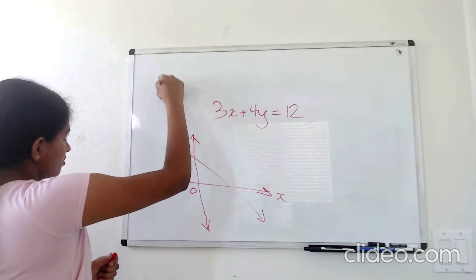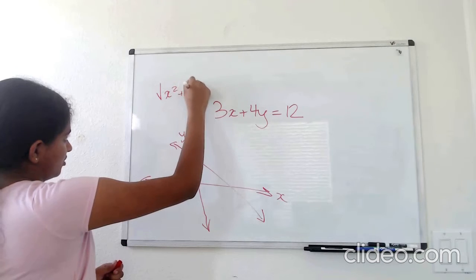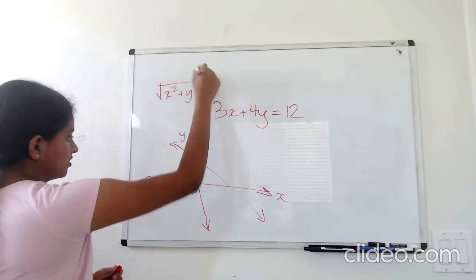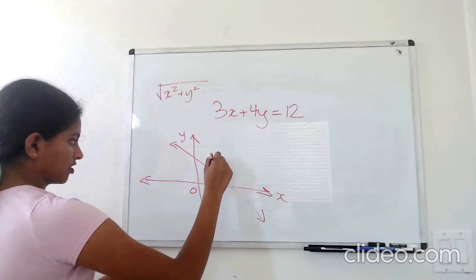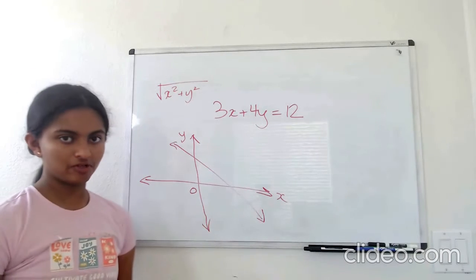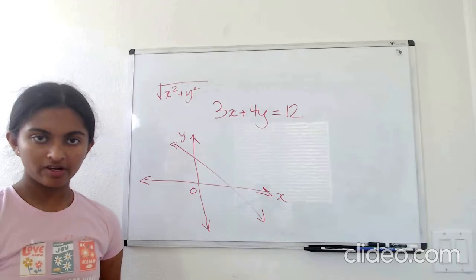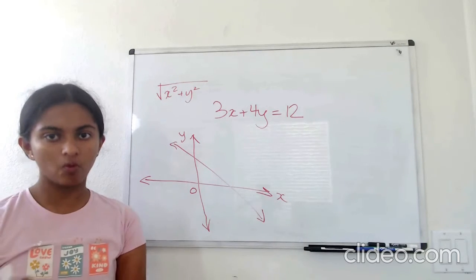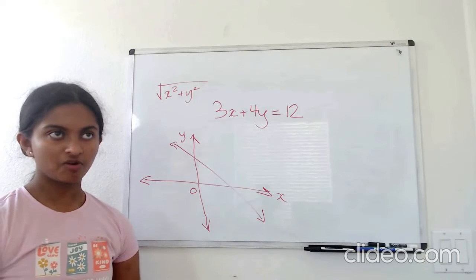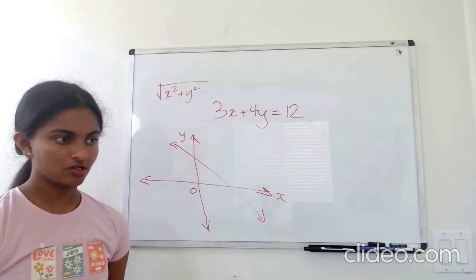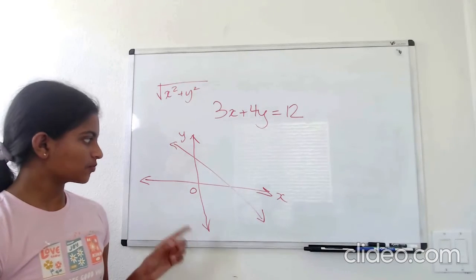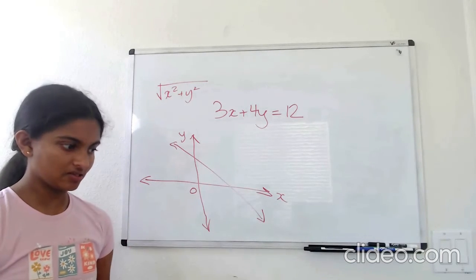And then once you looked at the square root of x squared plus y squared, did you try and think of how that would work in relation to this wonderful graph we just drew over here? Well, you may notice that the square root of x squared plus y squared is the distance from any point to the origin. Oh, now the problem makes a lot more sense, doesn't it?